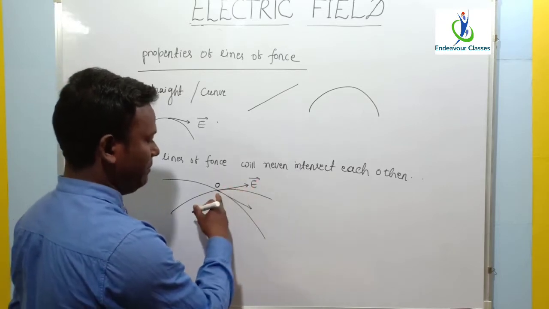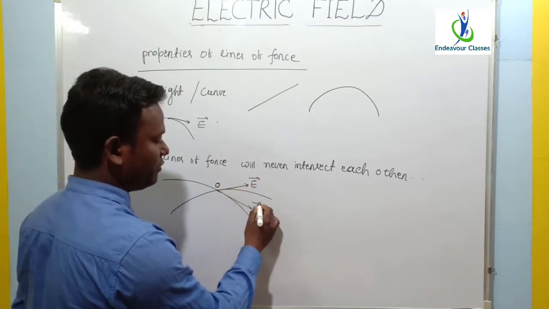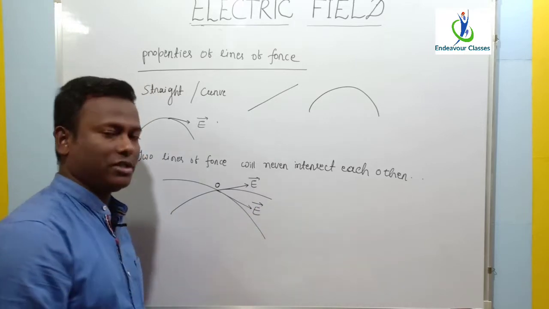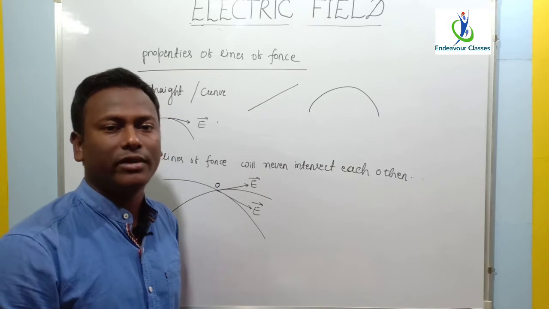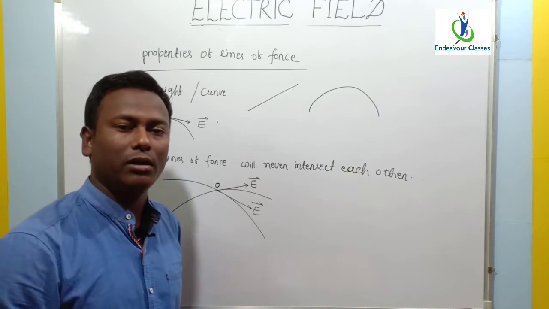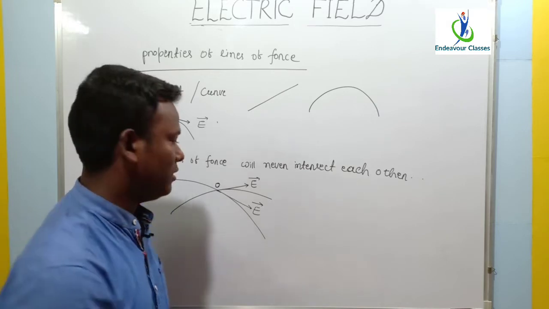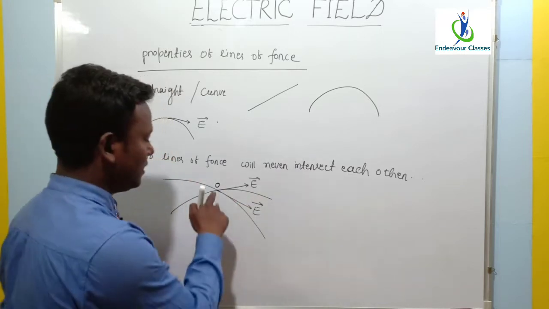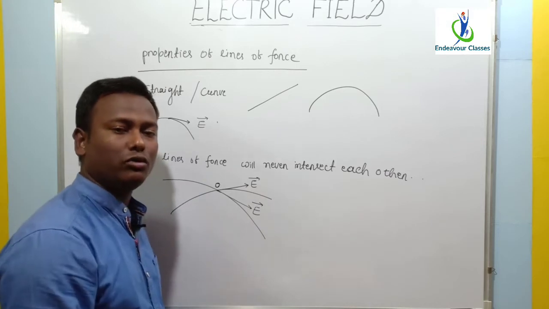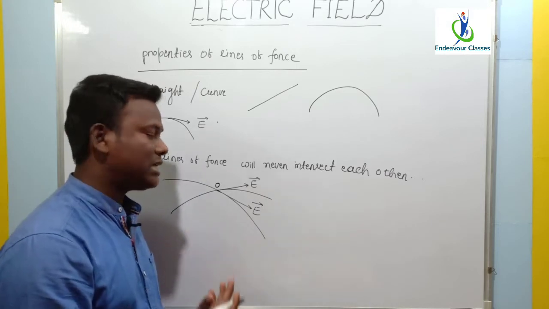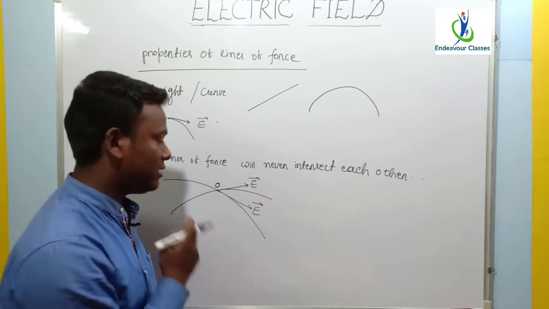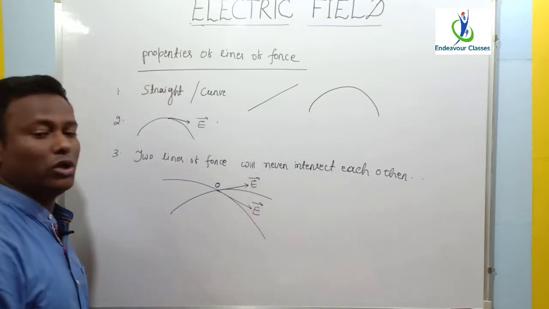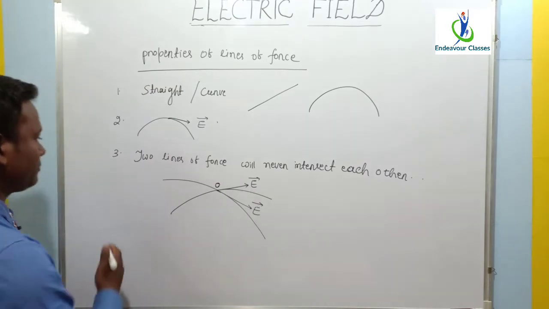So at the same point we would get two directions of electric field intensity, which is impossible because electric field intensity is a vector quantity and at a particular point it has only one direction. So two electric lines of force will never intersect each other.